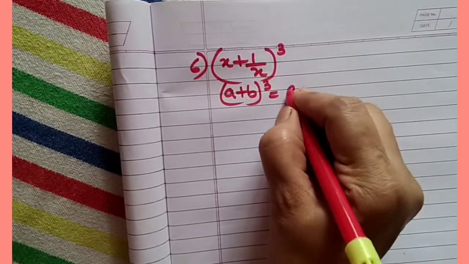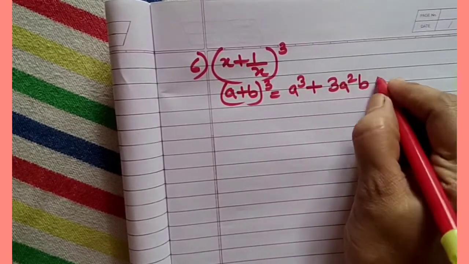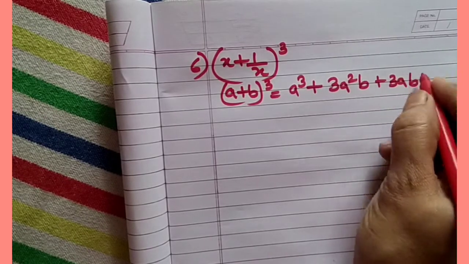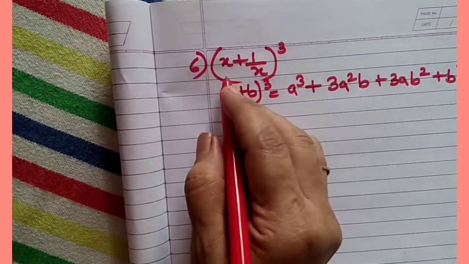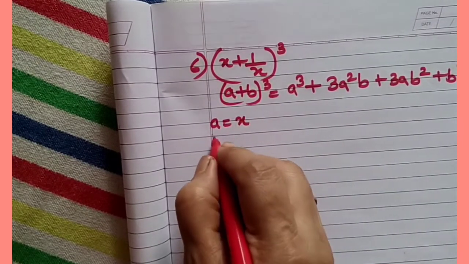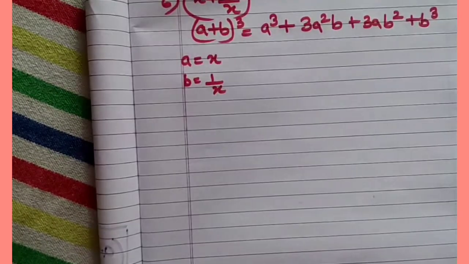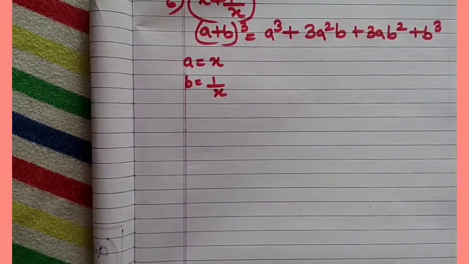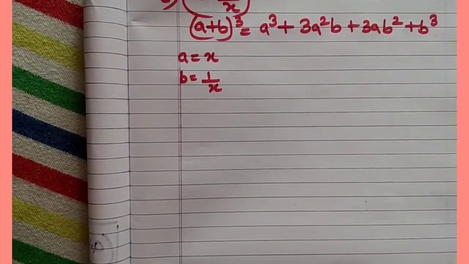Write down, that will be a cube plus 3a square b plus 3ab square plus b cube. Now what is in place of a over here? x. And what is in place of b over here? 1 upon x. So we will substitute. In place of a we will write x, and in place of b we will write 1 upon x.